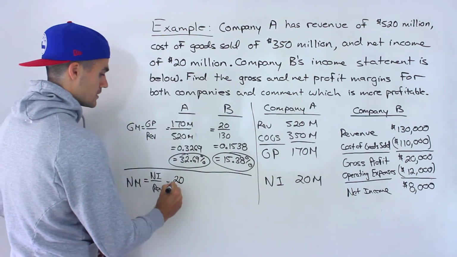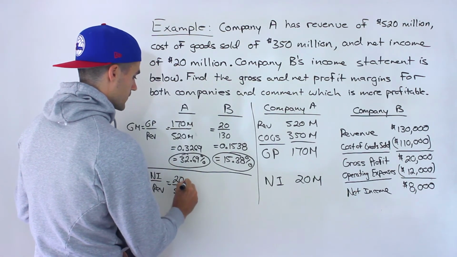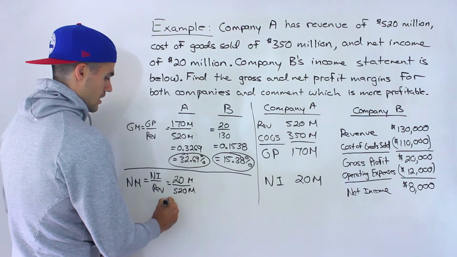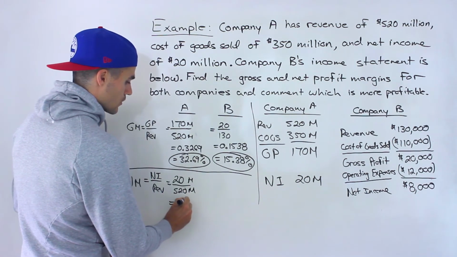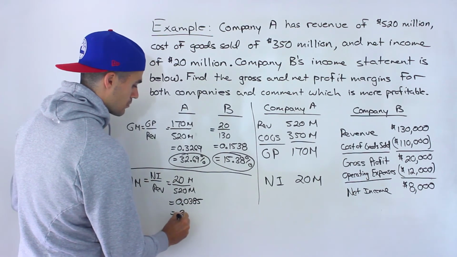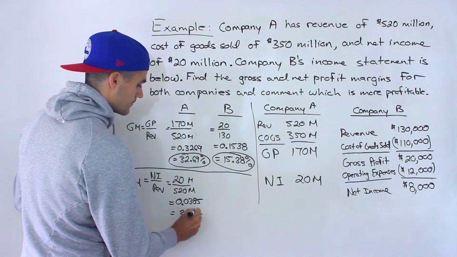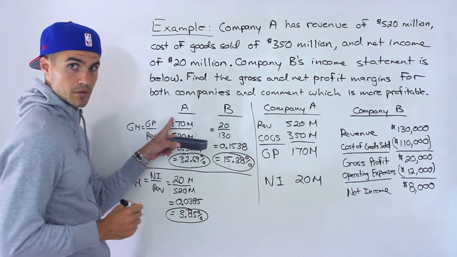It's going to be 20 million over 520 million, right? And this here would give us 0.0385 or 3.85%. So that's the net profit margin for company A.